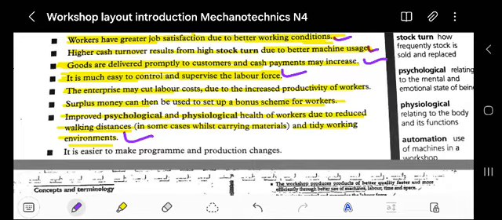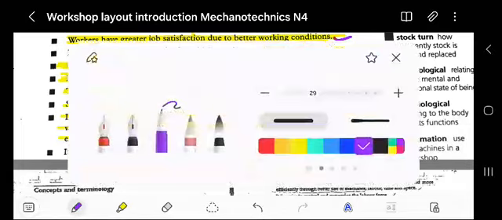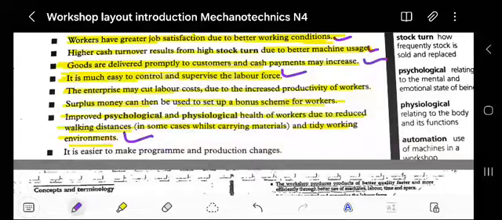Maybe if you want that, what does it mean psychologically? Psychological relates to mental and emotional state of being. Stock turn is how frequently stock is sold and replaced. And physiological is related to the body and its function.